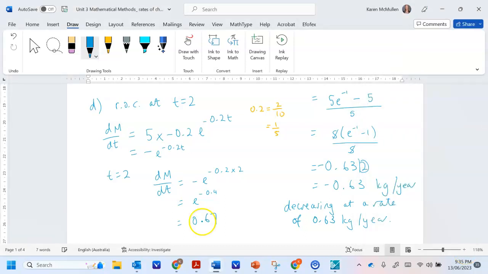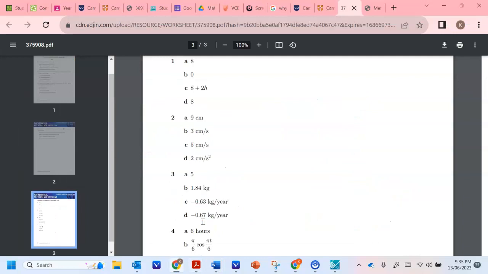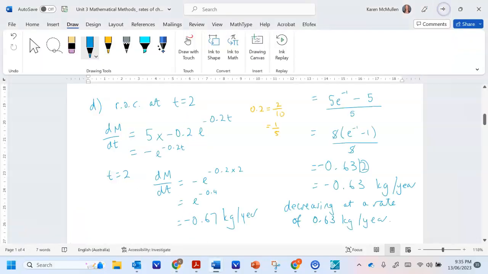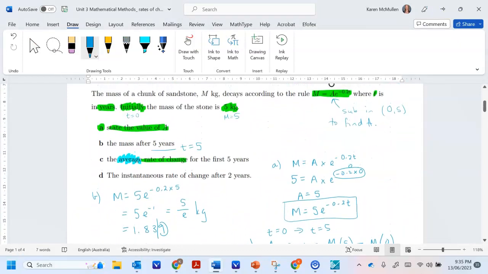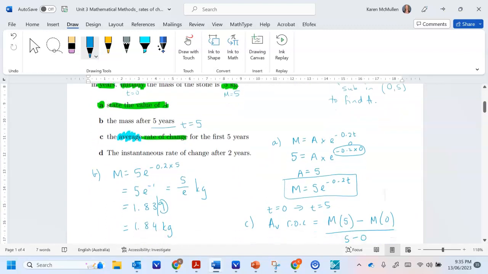I'll just round that now. Whoops, it was a negative. And kilograms per year. All right, so if you looked at the answers, you can see the units there as well. Kilograms per year, they've been rounded, they're not exact values, sometimes a bit unusual. The question usually states whether you should round or not.